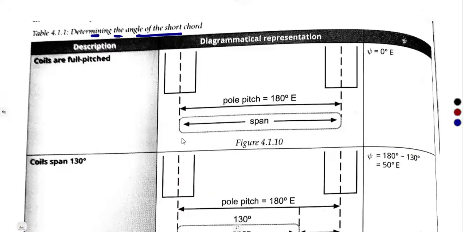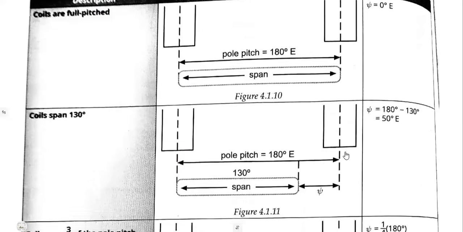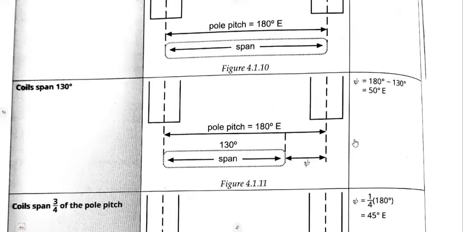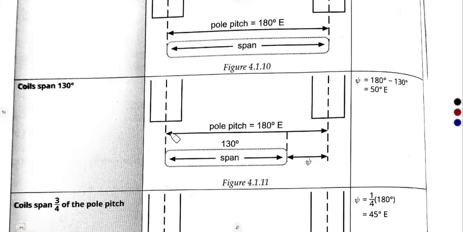So in a full pitched consideration, it means we do not have any short chord. The short chord is the piece that is remaining when there is a span. So let's say from condition 2, we have a full pole pitch of 180 electrical degrees, which is the whole of this line that we are seeing here.